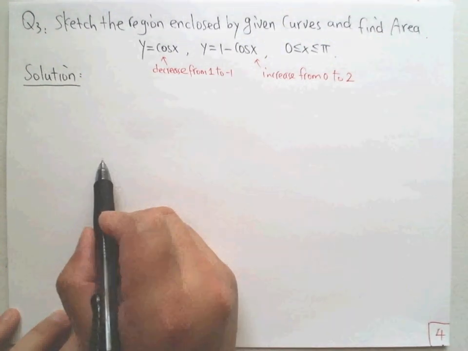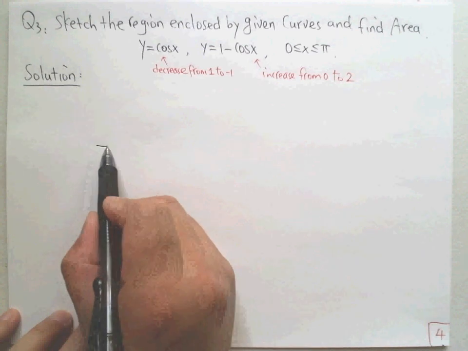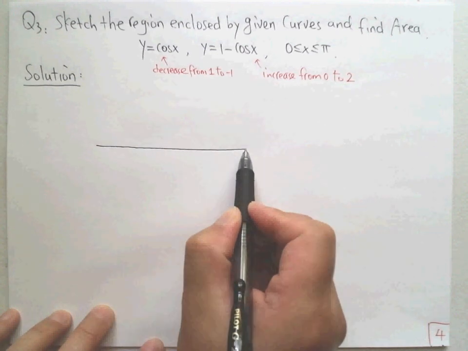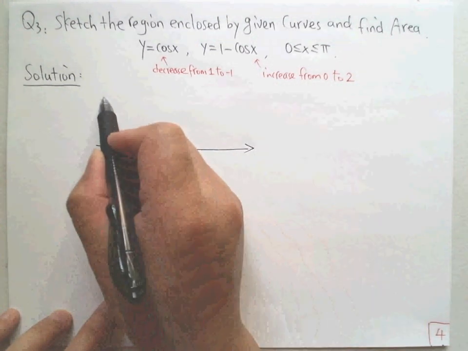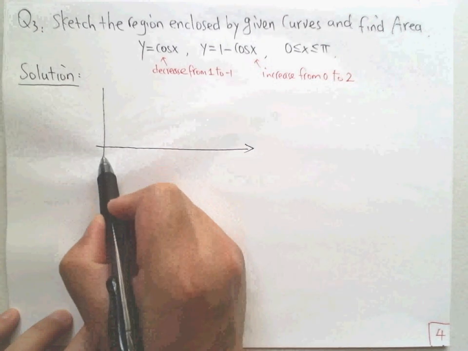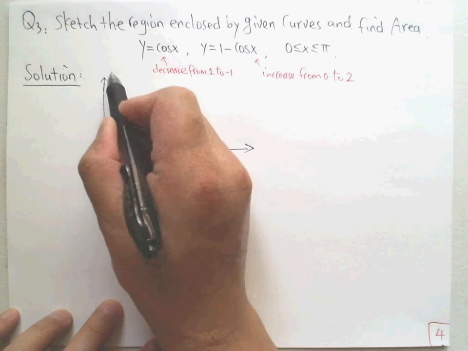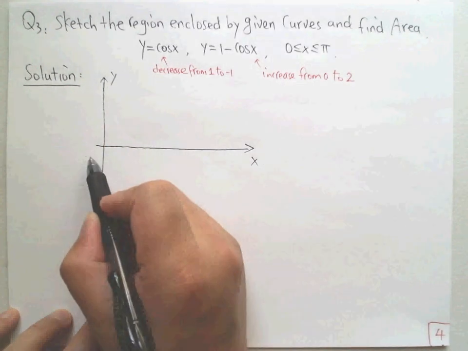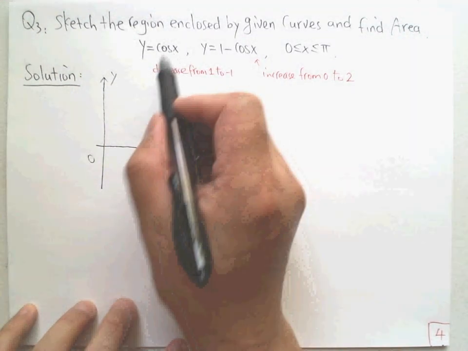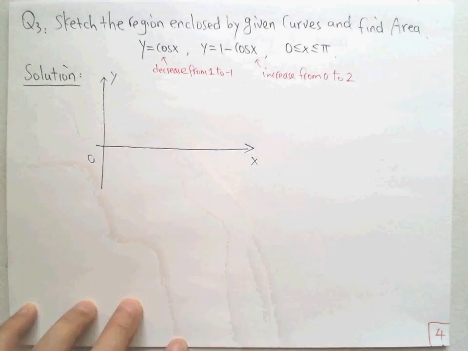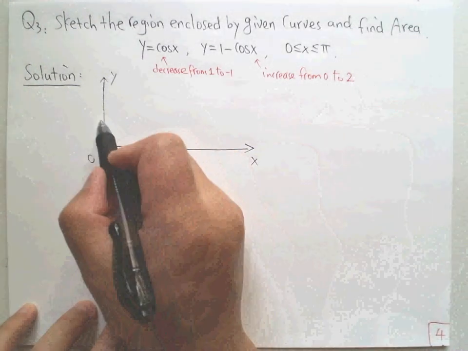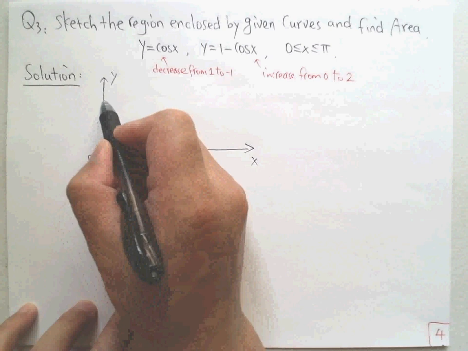Now we can draw the graph. I draw the graph here, like this. Okay, this is y, this is x, this is O. Look at the first, it is decreasing, right? So it starts from 1, because later we go to 2.